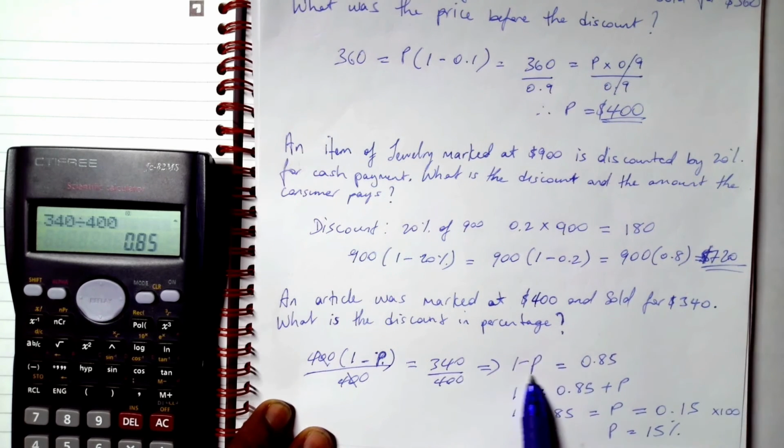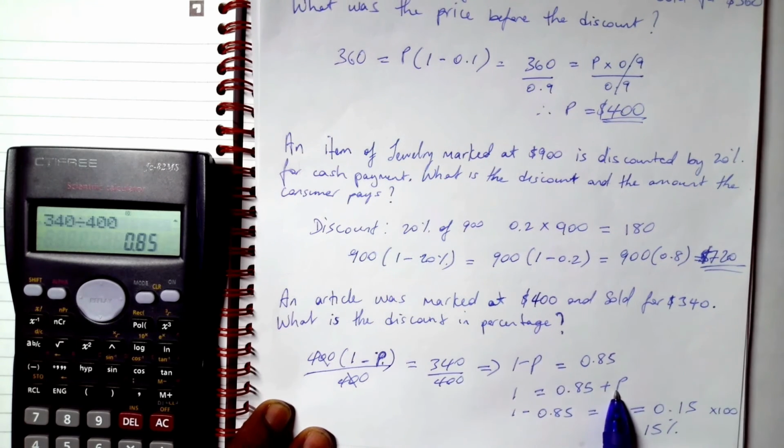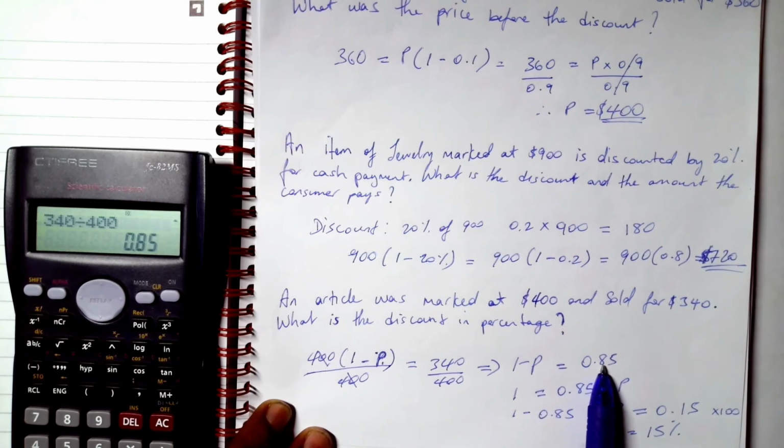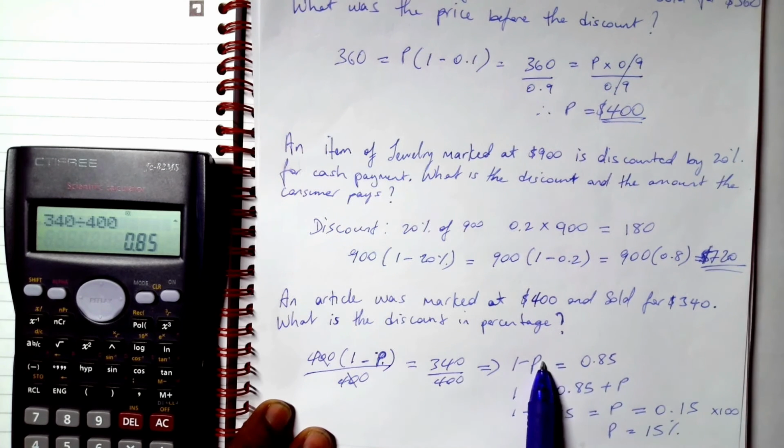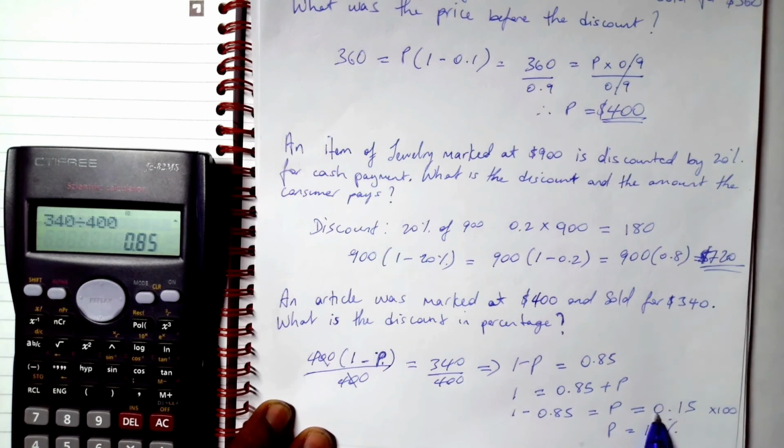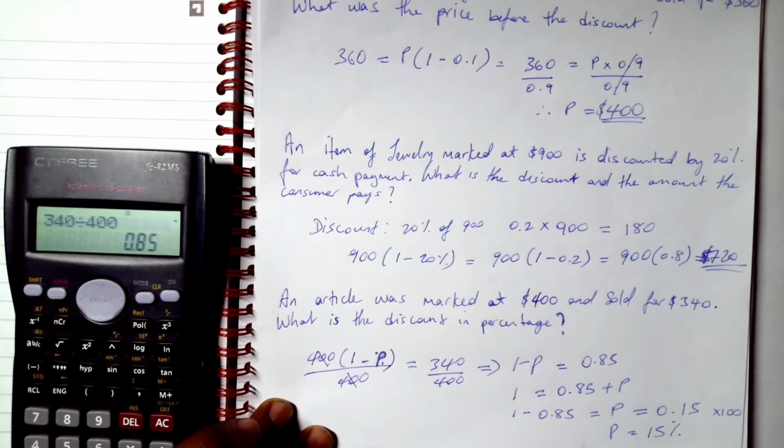We want a positive P, so we take over the P and it becomes positive. And then we take over the 0.85, so P stands by itself. This is our result when we take over the positive 0.85, which is 0.15. We multiply this by 100 to get it in percentage form. And voila, that is what we want.